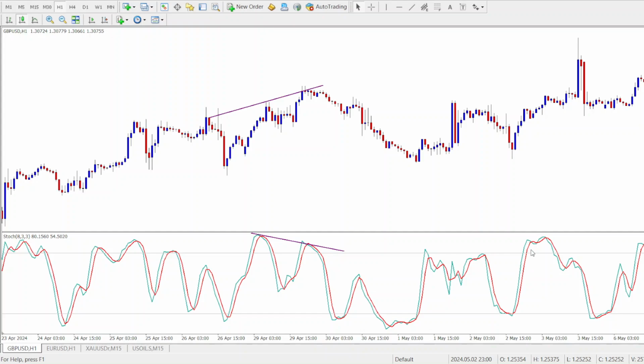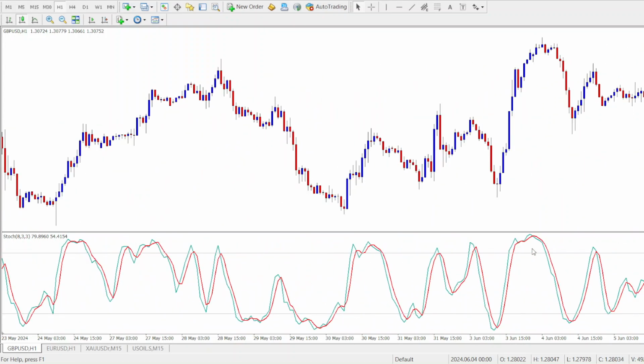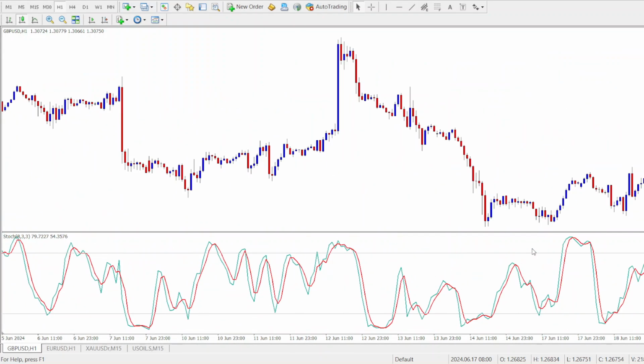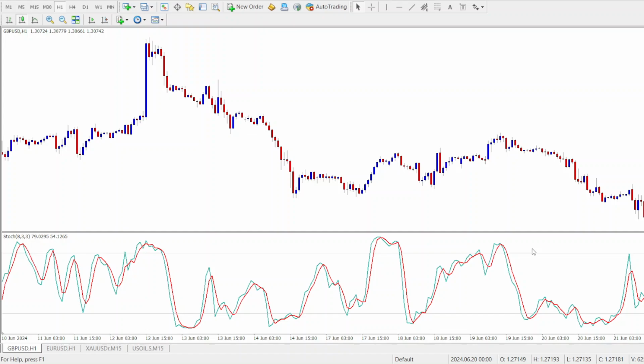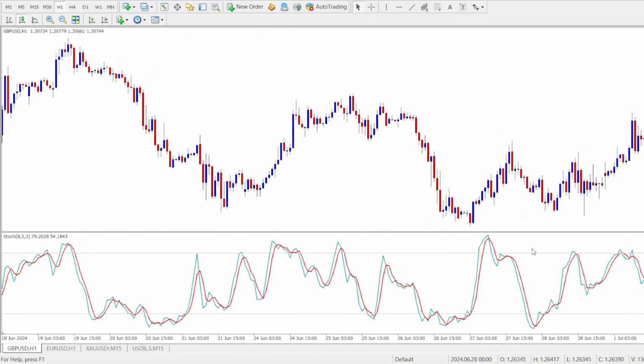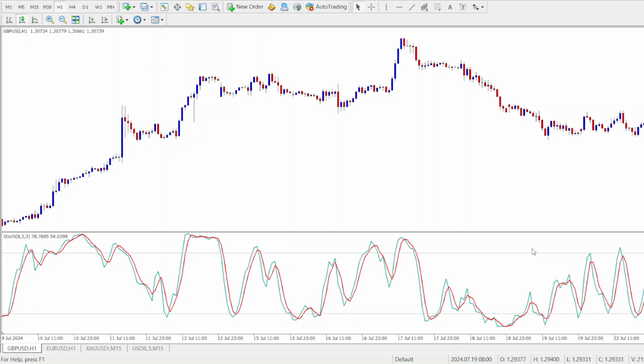Okay, we can see that here we had price making lower lows, but here there was a higher low formed, just a little bit.